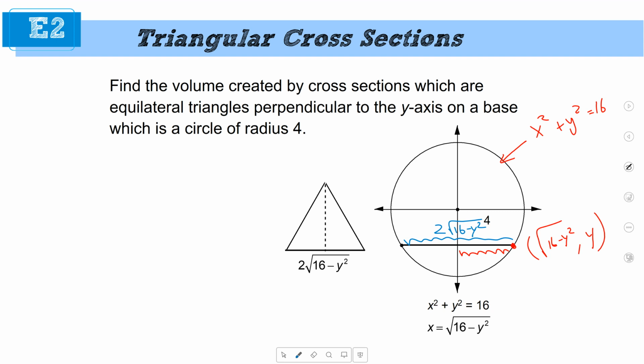Find the base, calculate the height, maybe if you're feeling fancy, you can do some 30-60-90 triangle stuff. Yes. However, I'm going to give you an alternate method, which I hope your geometry teacher showed you at some point in time. This is the formula for an equilateral triangle.